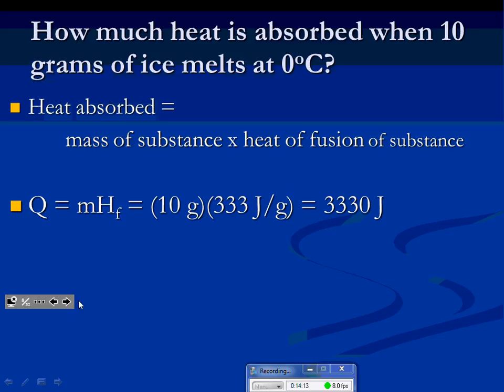So 10 grams of ice, the heat of fusion is 333 joules per gram. So we're going to need 3,330 joules of energy in order to melt 10 grams of ice.